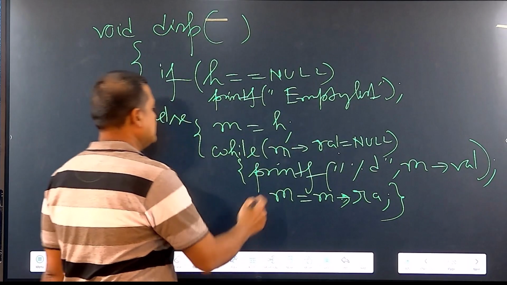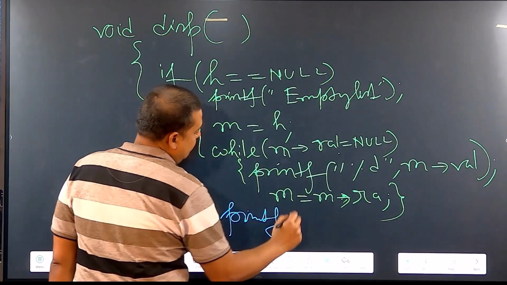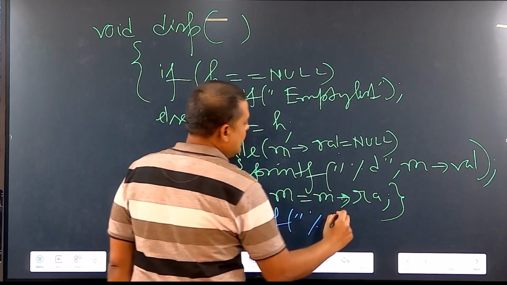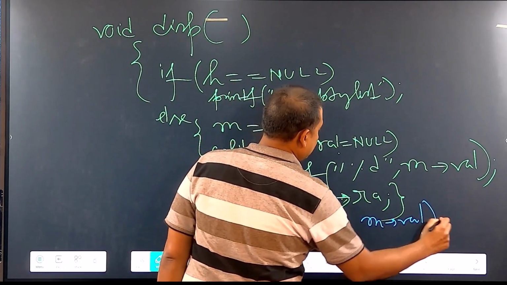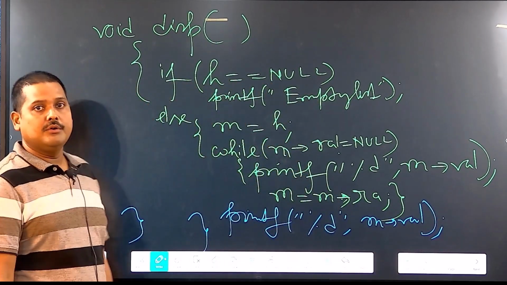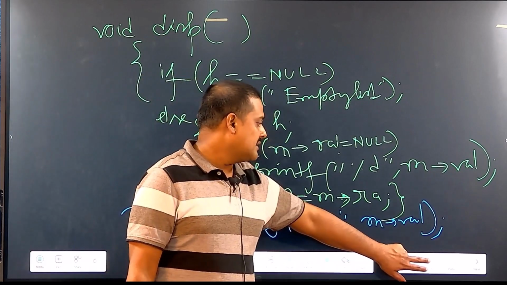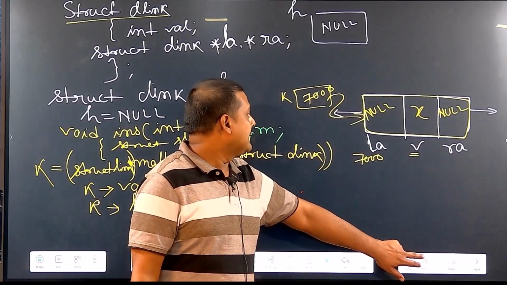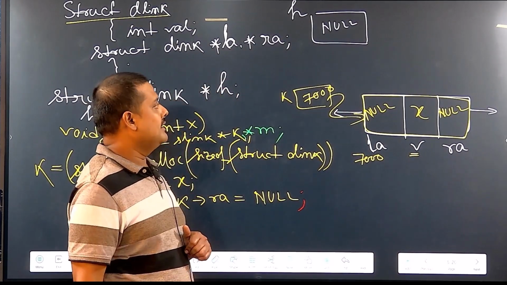At last, outside of this while loop, we will just printf %d m arrow val. In this way we are able to implement the insert and display functions for the double linked list. So this is the implementation of the double linked list.